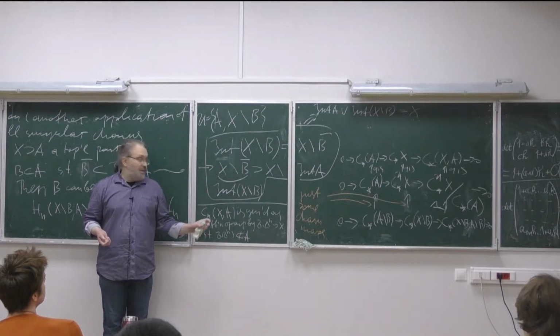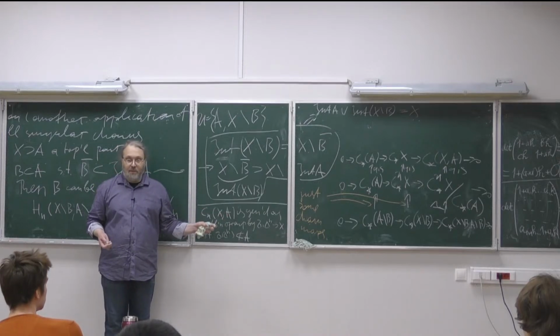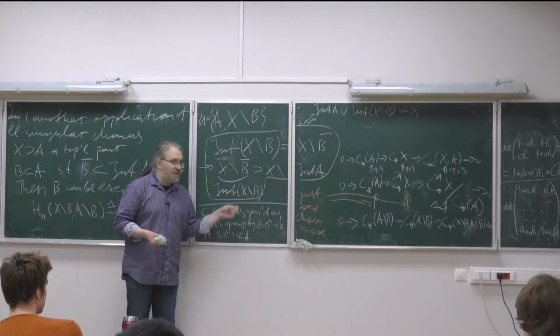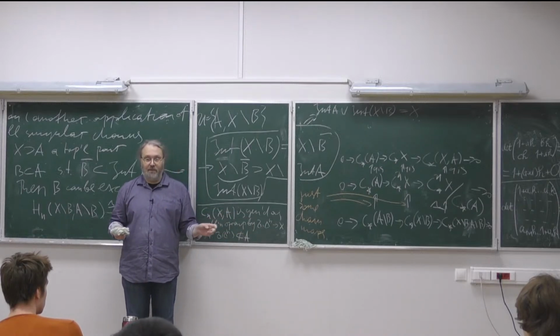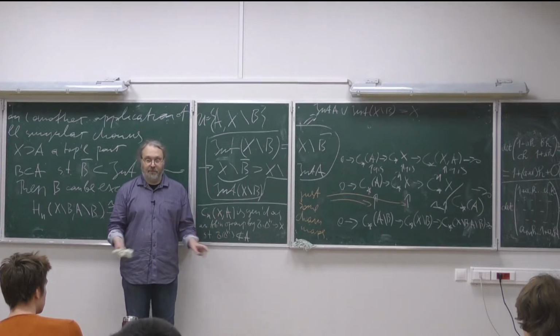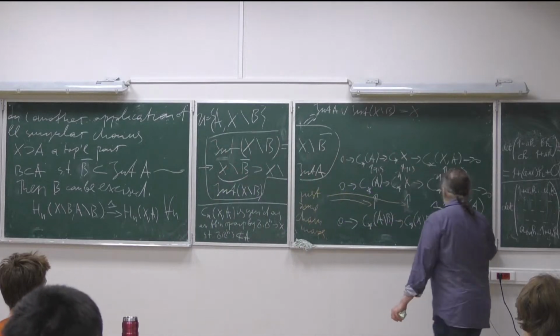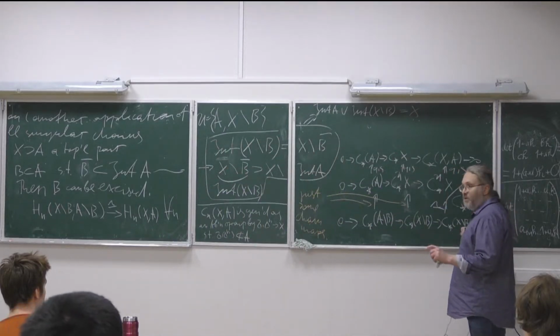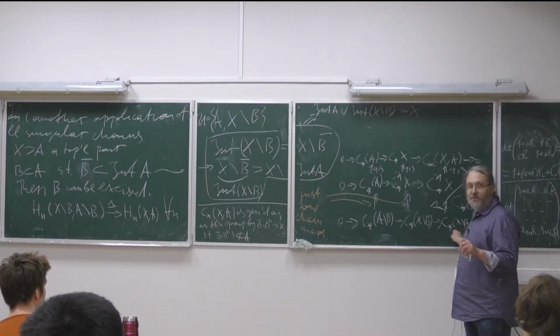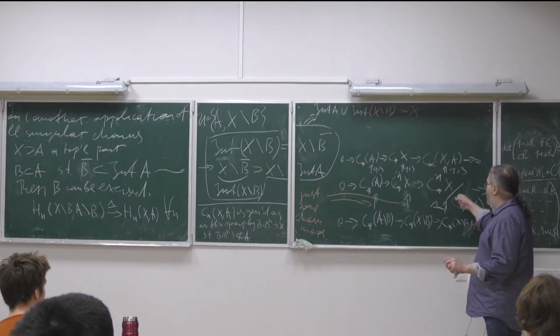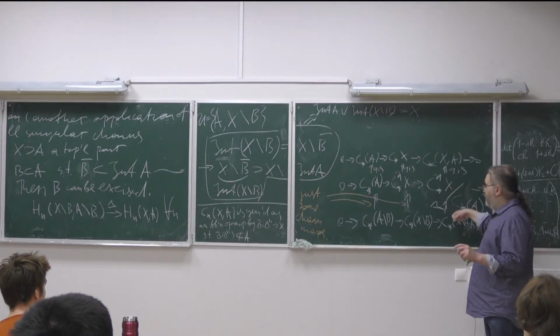As an abelian group, C lower star of X comma A is generated by those singular simplices such that the image is not entirely contained in A. Partially, maybe, but not entirely. And so this group, as an abelian group, is generated by those singular simplices in X minus B which are not entirely contained in A minus B. And this group has a basis which is exactly the same.